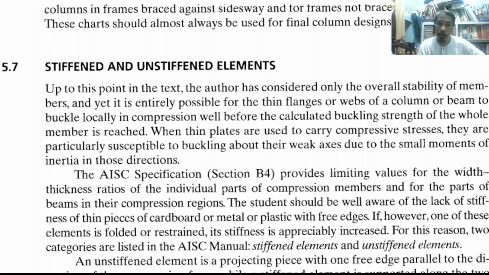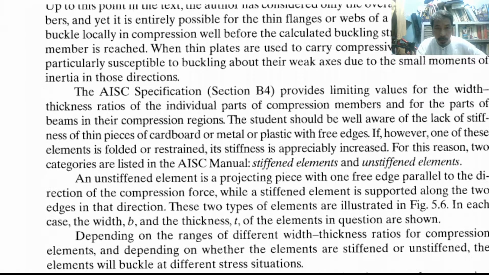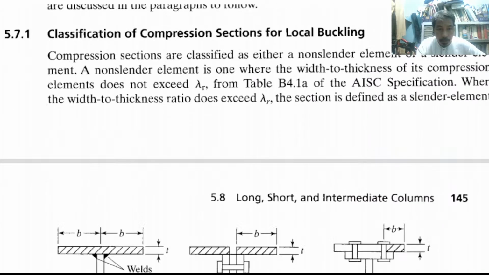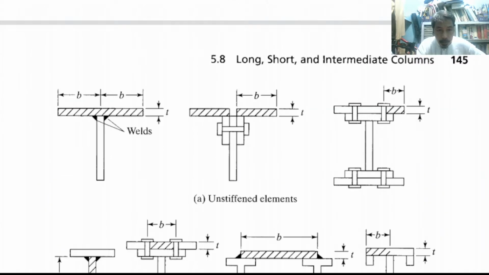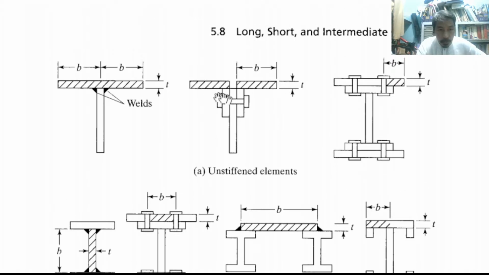You can use effective length divided by radius of gyration. Okay, 5.7 stiffened and unstiffened elements. Stiffened elements here. Unstiffened elements, just welding. So T section.